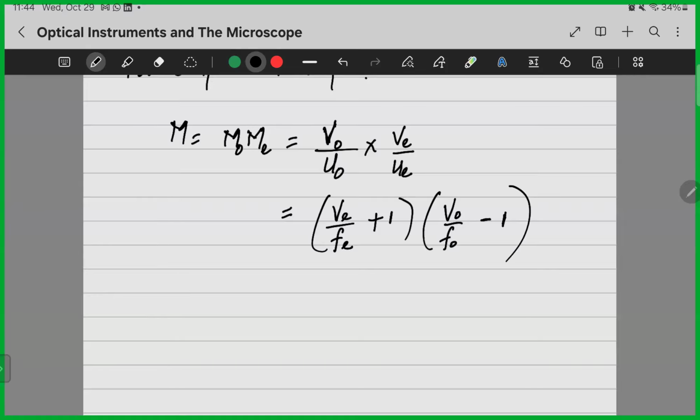Take note of this formula too. Just keep it in your reservoir of formulas and take note of this other one.